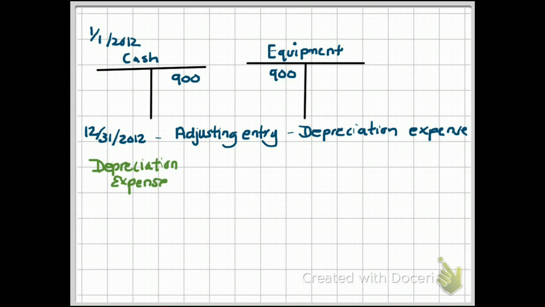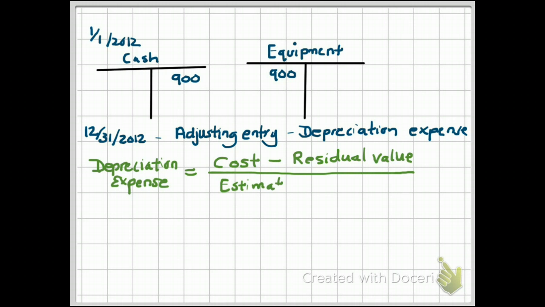Depreciation expense has a formula. Depreciation expense is equal to cost minus residual value divided by estimated useful life. So in this particular case, your depreciation expense is equal to cost, which is 900. There is no residual value, so minus 0, divided by estimated useful life, which, if you remembered, was 3 years.